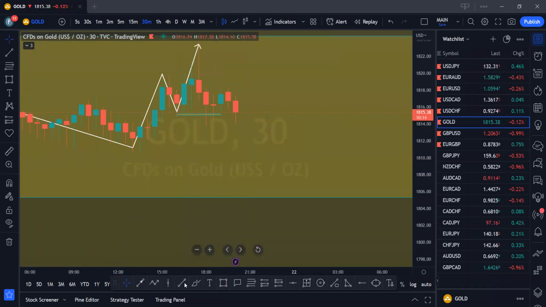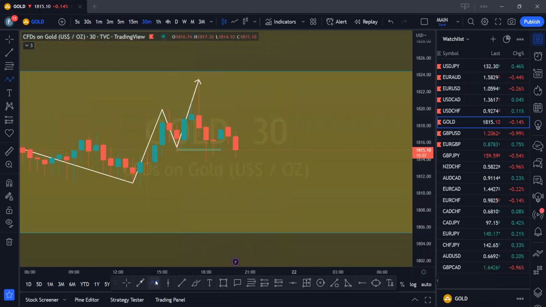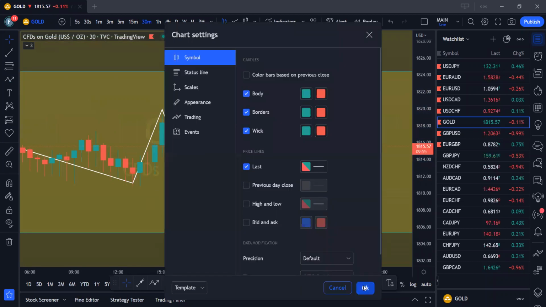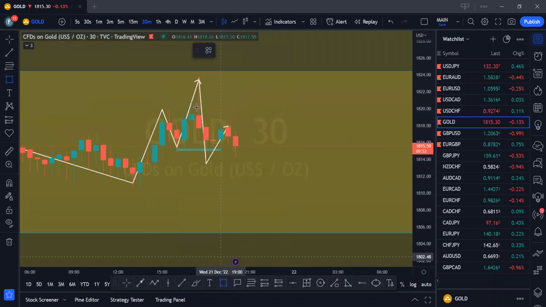You can see the break of this higher low, and then you can see the retracement like so. The retracement is currently reacting to this extreme demand supply here.